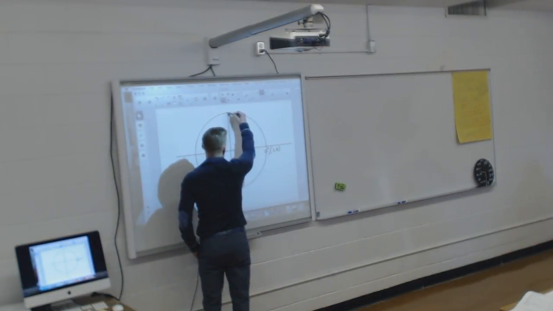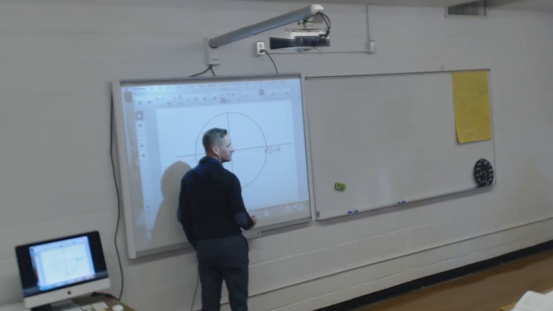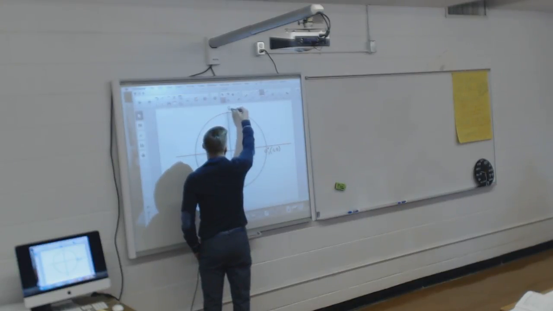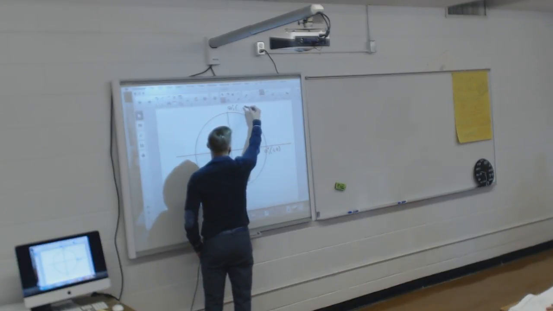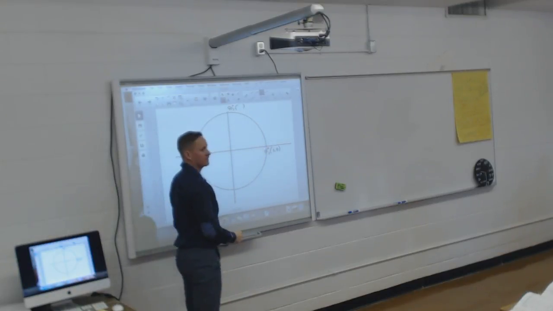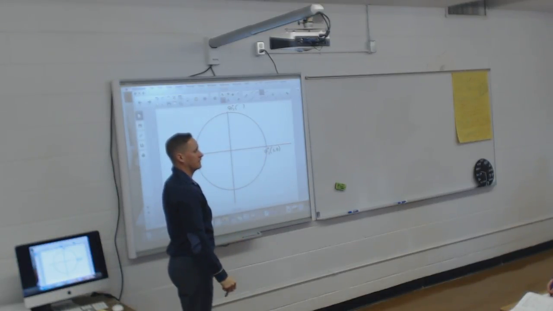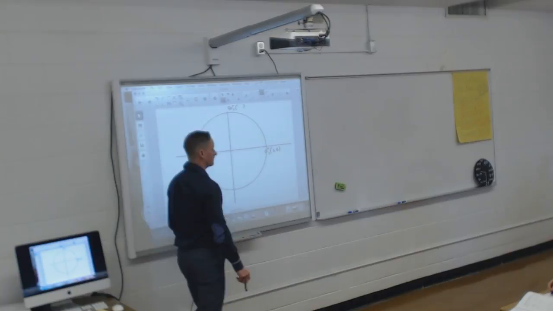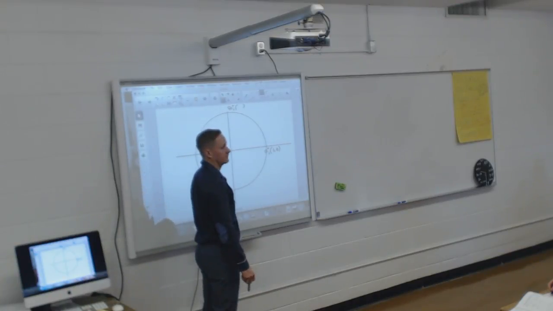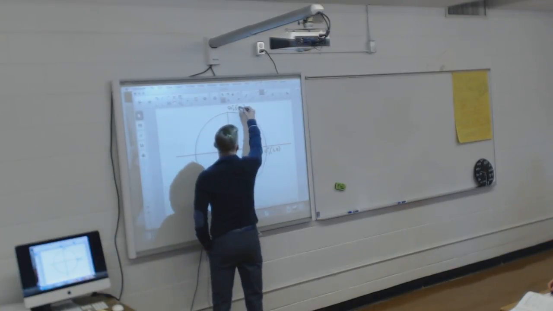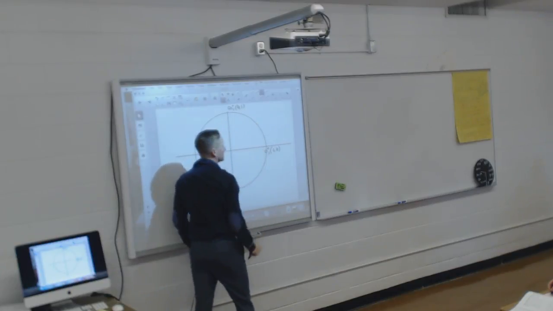What would the coordinates be up here? What are the coordinates at the top of the circle? Something 0. 0 and something. 0 and 1.